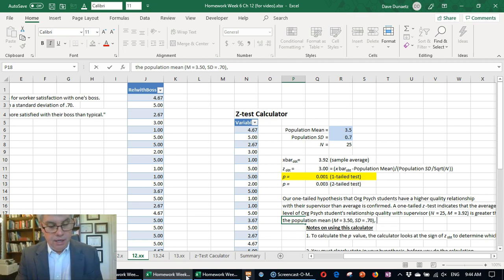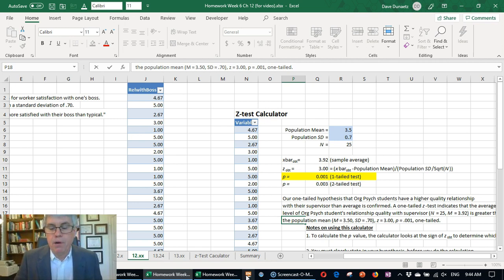Z, Control I, Z, Control I, equals, now we've got 3.00 is what we obtained, we calculated for Z obtained, so I'll put 3.00, and then P equals 0.001, Control I, P, Control I, space equals space 0.001, and this is a one-tailed test. So I'll put one-tailed. And there we've got a report on our test that's in APA format.